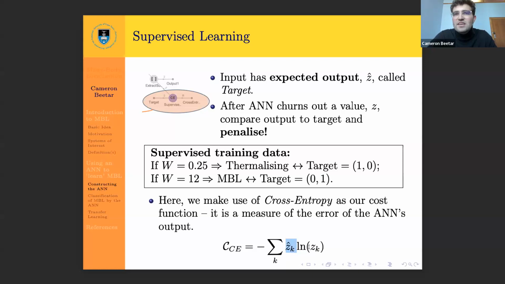Two things to note: this cost function is 0 when z_k is 1, so if you're hitting that target perfectly you get 0, or you're moving towards it. We use the negative sign to make it a positive function. During training, the network is going to try to minimize this cross-entropy cost function. Right, so that's the supervised learning.